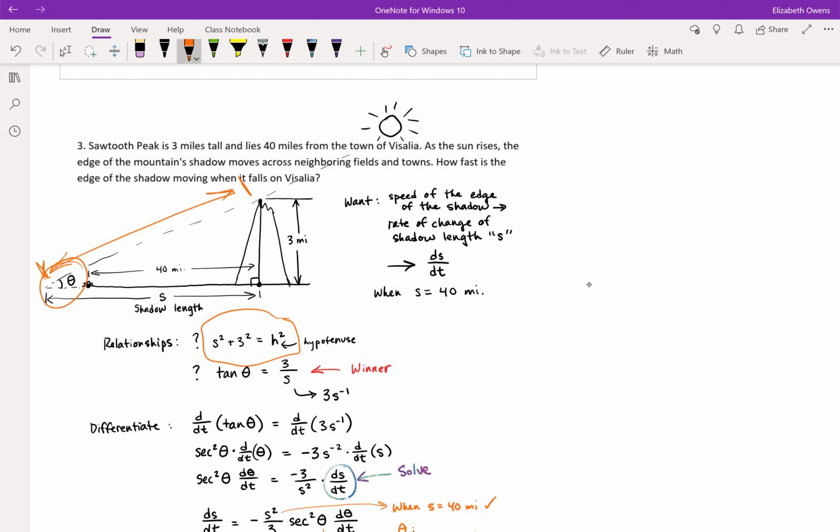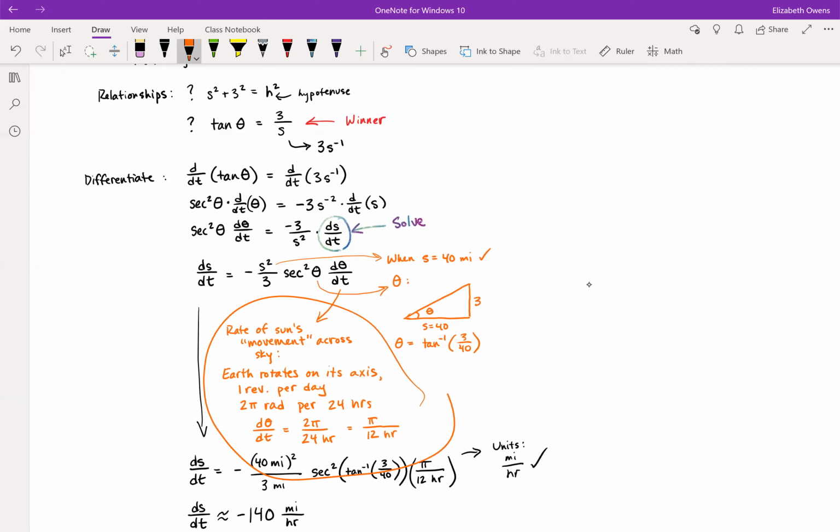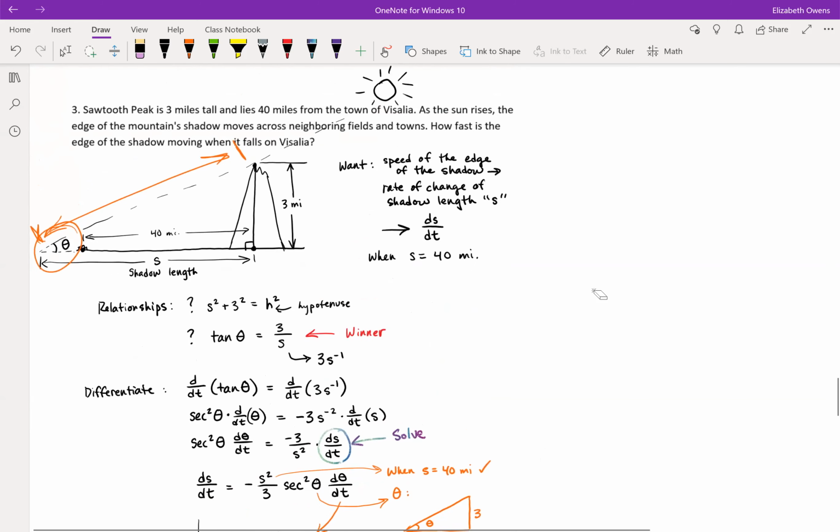So yeah, not 100% sure how we would do that, since ds/dt is the thing we're trying to find. 3 is not changing. I really think you would end up having to use that angle theta, which again would be doable, but then you'd still have to work with this rate of change of theta, sun moving across the sky type of thing.